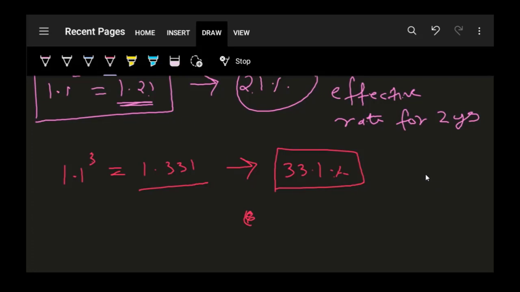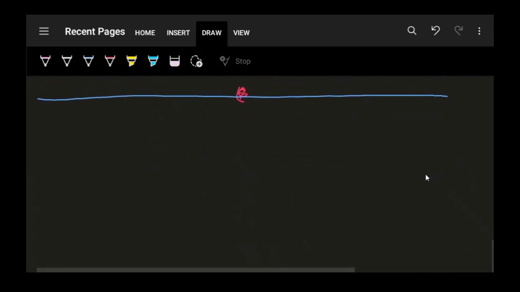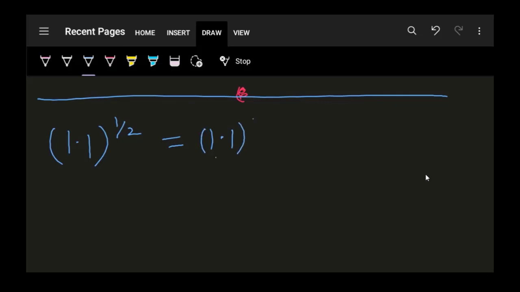Similarly, let's see what I get when I do the following. I know the effective interest rate per annum gives the factor 1.1. If I raise 1.1 to the power of a half, I am calculating the effective interest rate per half year directly from the effective interest rate per annum.